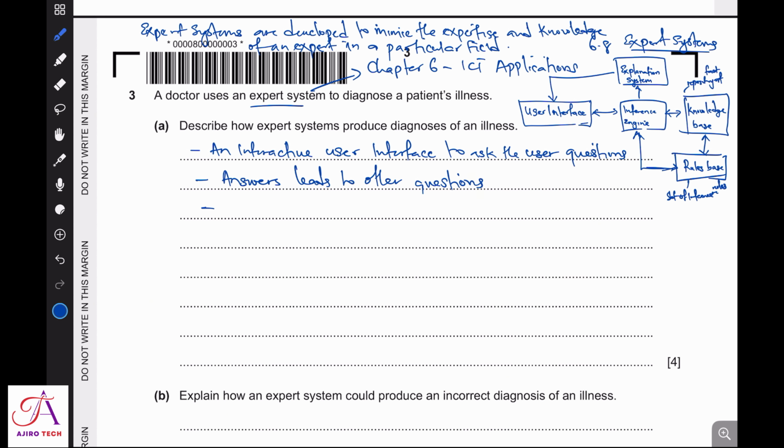We have the inference engine, which is the main processing element, searches the knowledge base.